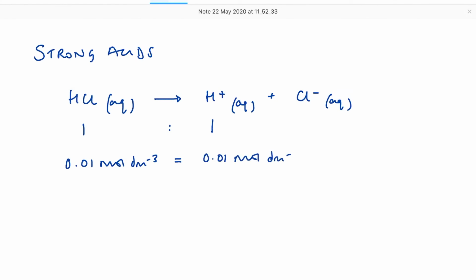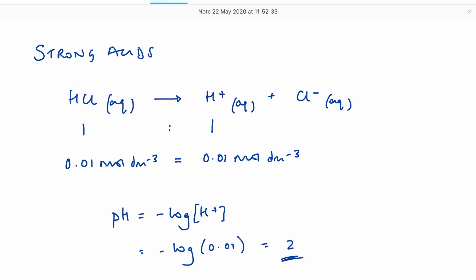And if I know the concentration of the hydrogen ions, then finding the pH is very straightforward because it is minus the log of H+, so minus the log of 0.01, and that comes out to be 2. So if I have a concentration of 0.01 mole per decimeter cubed hydrochloric acid, the pH will be 2.